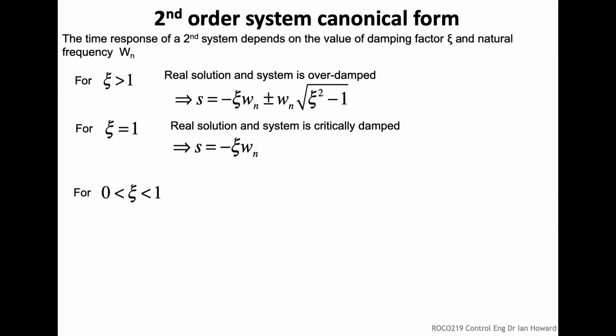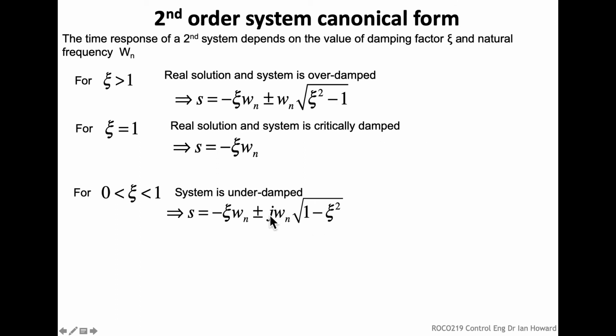Now, another interesting condition is when zeta is between 0 and 1, in which case there's not as much damping as critical damping, and we call this underdamped, right? So in the underdamped condition, we actually have a complex solution coming in, because zeta squared is actually less than 1 now.